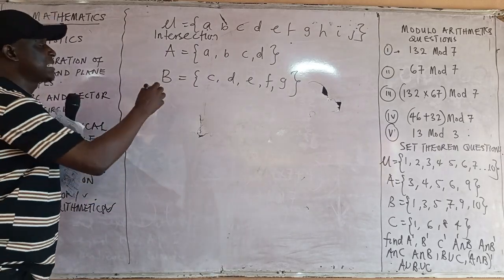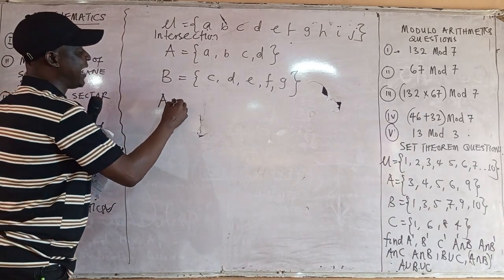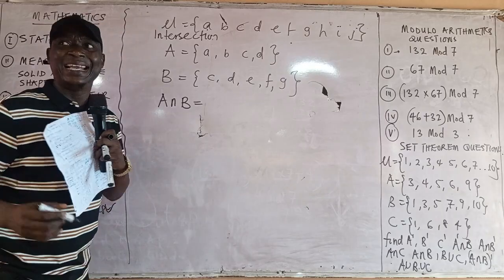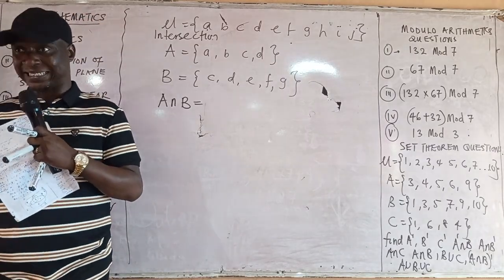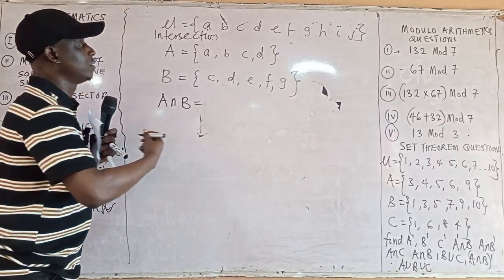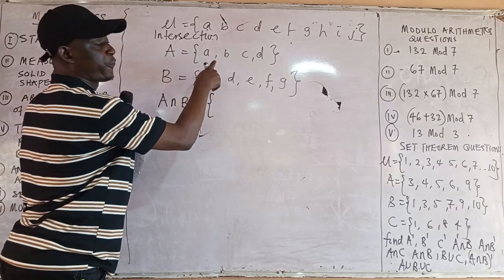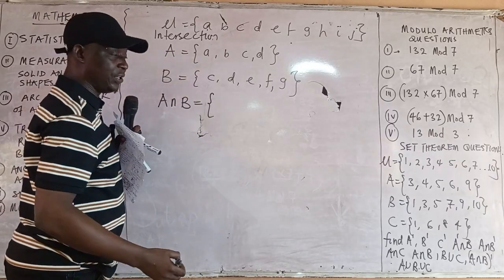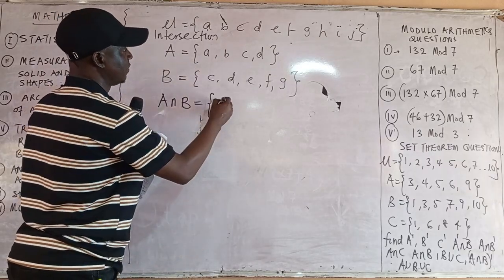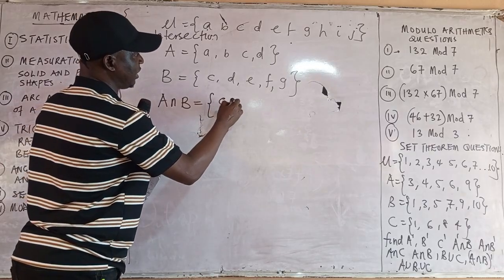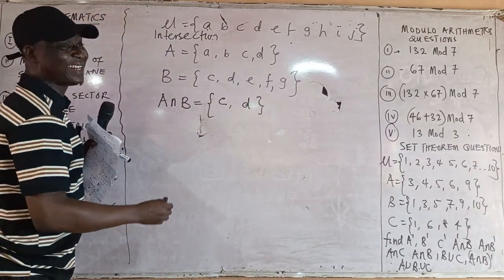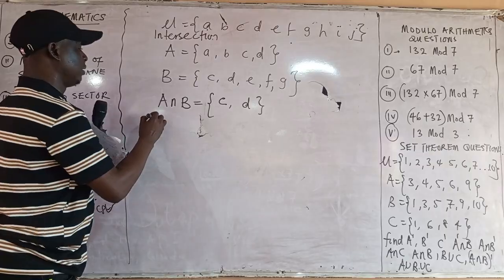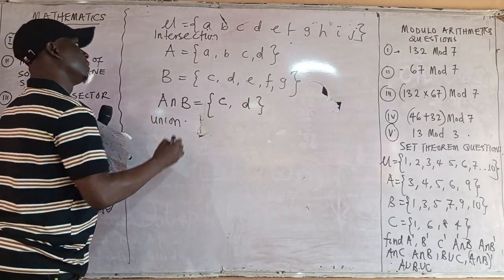Now, if I want to find A intersection B, intersection simply means what is common in both sets. Which elements can you find in A and also in B? We have C and D. That is it.